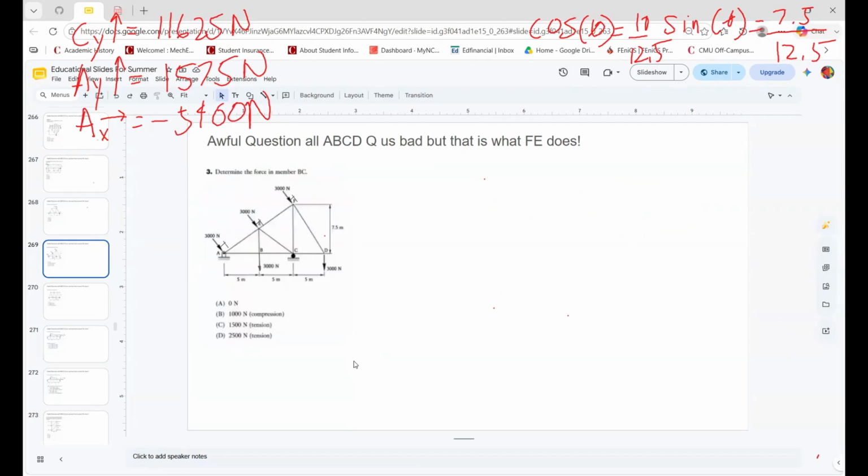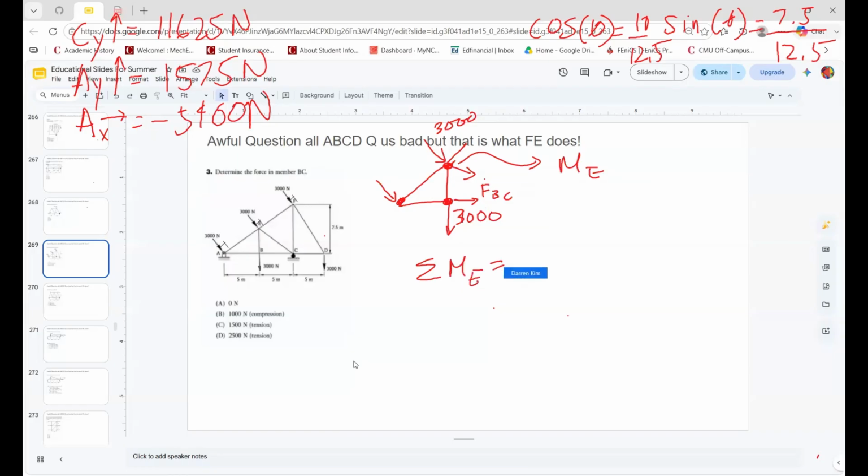Okay, so with that said, we can look over here and cut and get this force over here. This doesn't matter because we're just going to do the moment on E. The summation of moment on E must equal 0, as we discussed multiple times. The cut places must be 0. So with that being said, we know this is 6.25 from last time.